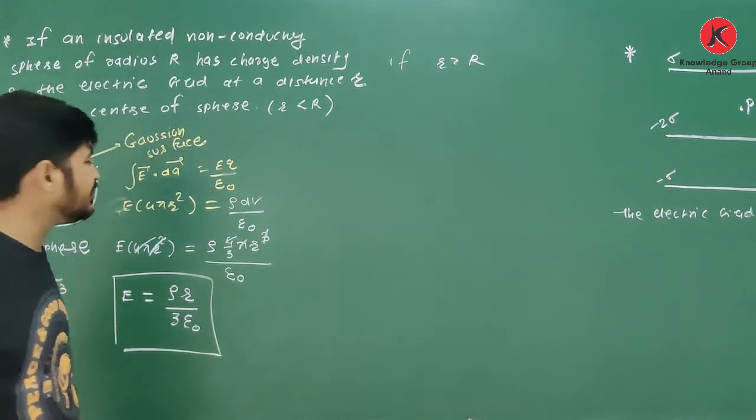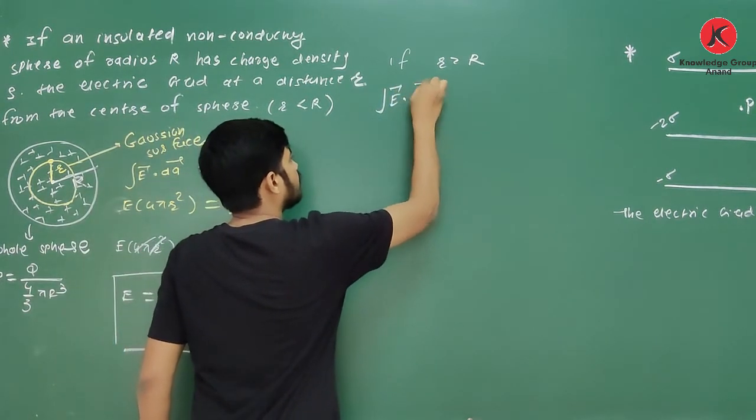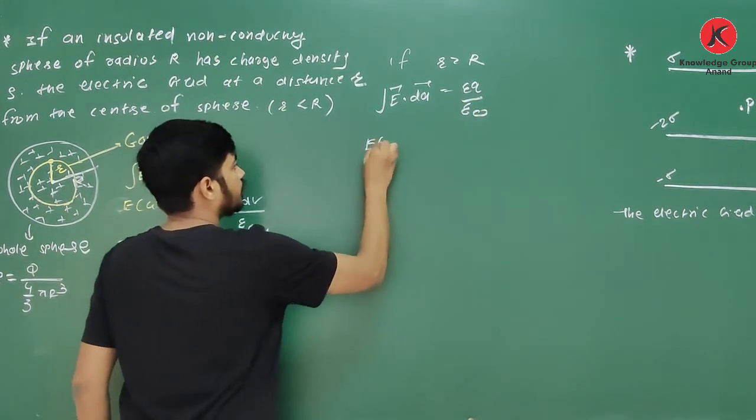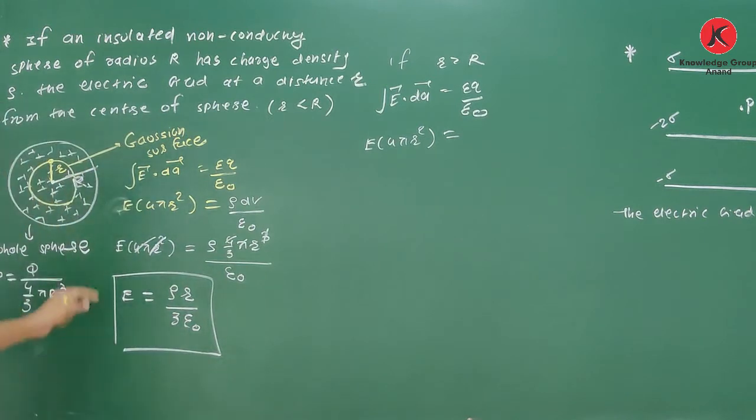See, again, integral E dot dA is equal to sigma q upon epsilon 0. It is E times 4 pi r square. If the point is outside, then the charge on this whole non-conducting sphere is inside the Gaussian surface.